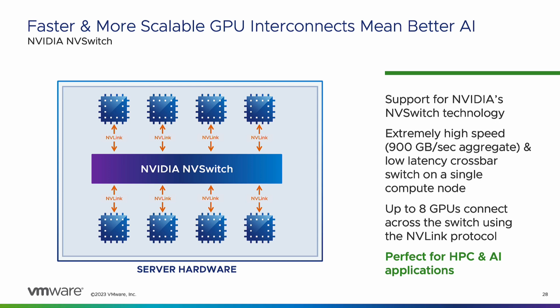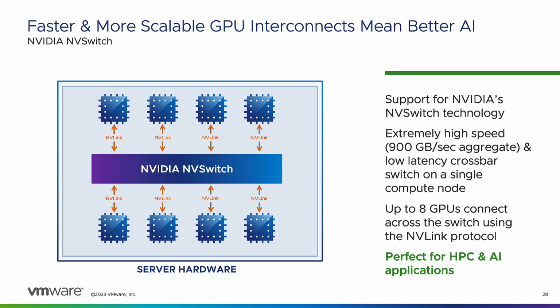So today, many AI and high-performance computing applications need exceedingly high bandwidth between multi-GPU applications. And they're constrained today by the speeds of things like the PCI Express bus inside our typical hardware.